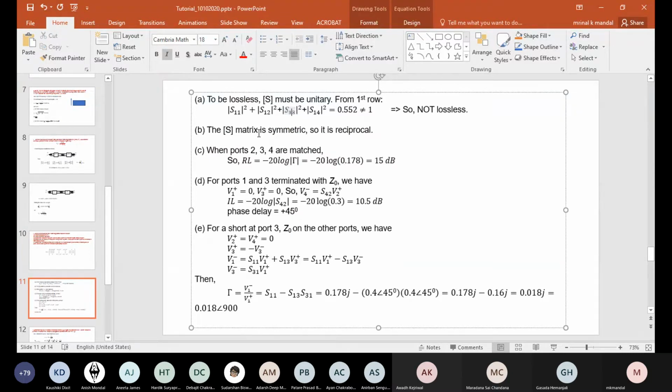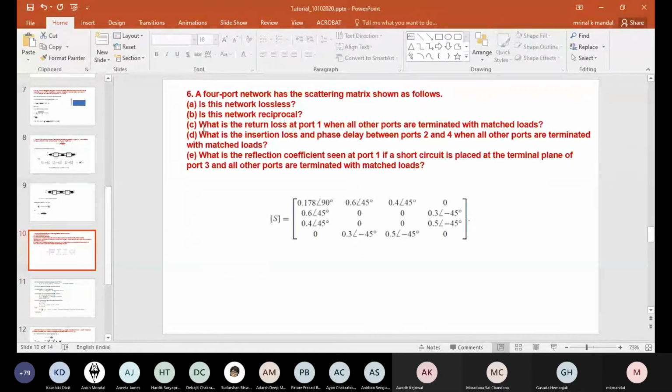Well, if it is equal to 1, you can't directly say it is lossless. Then you need to check the second column, third column, fourth column, like this. Usually it is symmetric. For half of the matrix, if you can do 1 and 2, then that should be fine for a symmetric network.